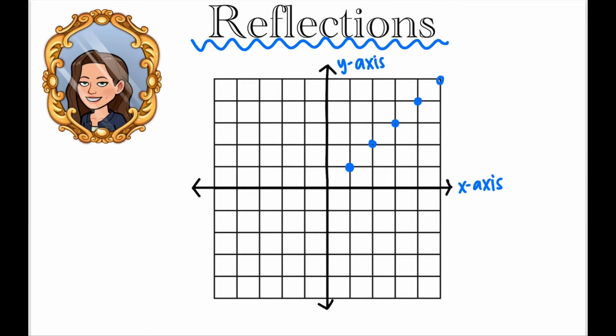So (1, 1), (2, 2), (3, 3), (4, 4), (5, 5), and then the negatives of those, including (0, 0), (-1, -1), and so on. If I connect these points, this is the line y equals x.